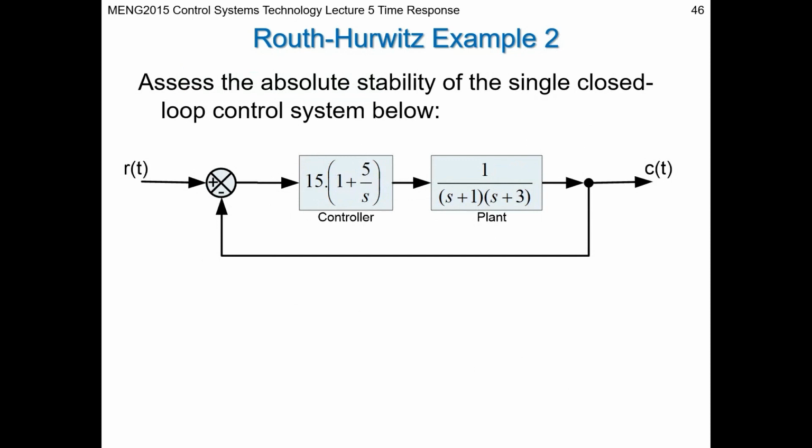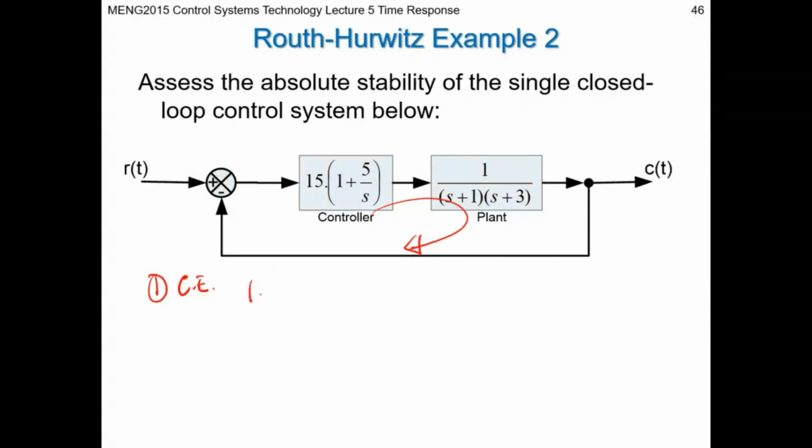Okay, let me see if I can get this one done. So this one, let's assess the stability of this single closed loop control system. The first thing we have to do is establish the characteristic equation, 1 plus kgh. Slightly more complex here because we have a controller that's not just a proportional gain. This would be called a PI controller. It's a proportional term and also a 1 upon s, or something upon s, which is an integral term.